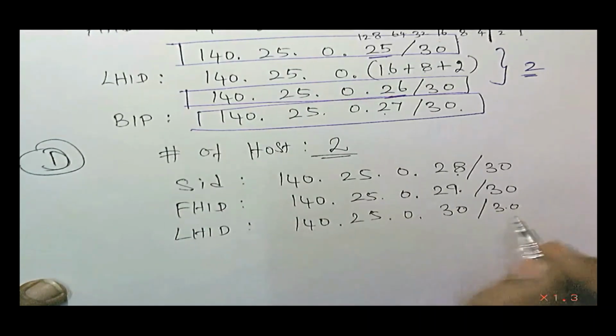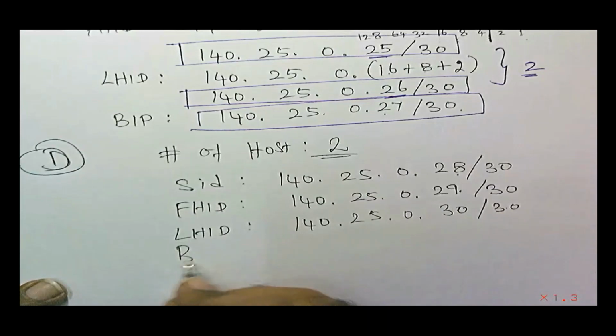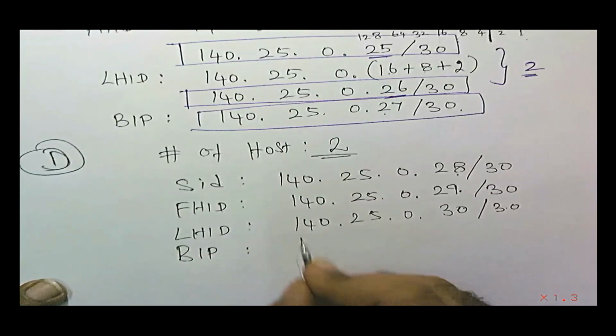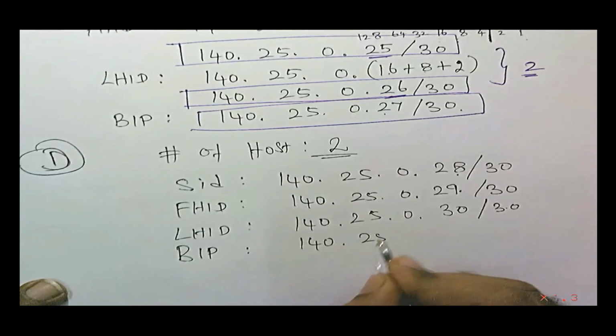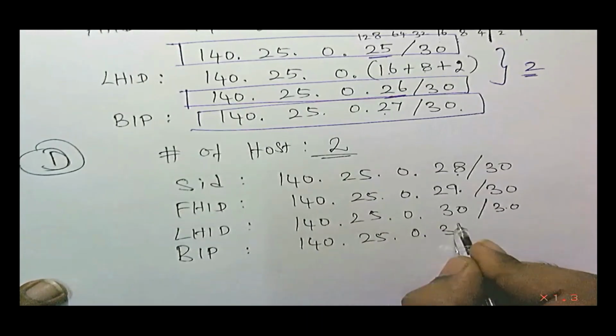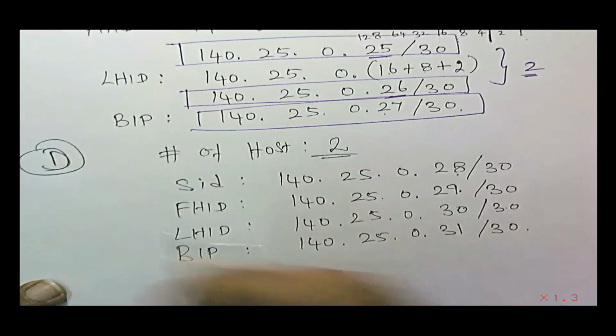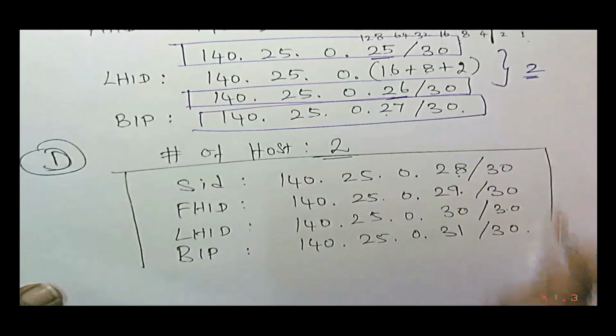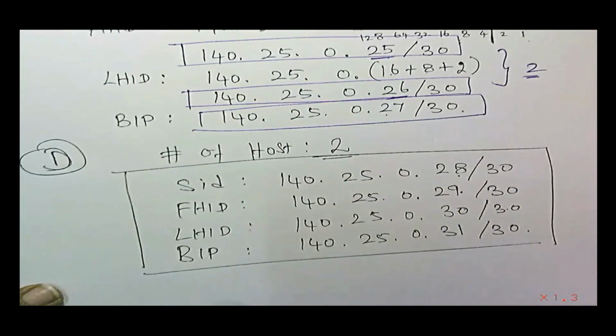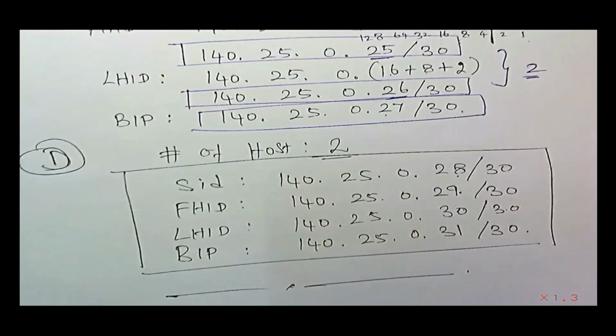Now the broadcast IP address is 140.25.0.31. So this is for the last subnet. With this, the lesson concept is over. Thank you very much.